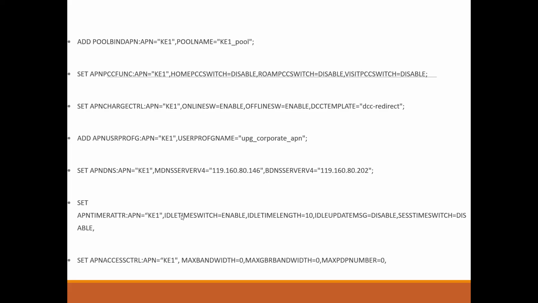Your APN address. Then, if you need to enable the idle time switch, it will be enabled. You need to specify the time. Then you need to specify the idle update message. As you can see in the detailed documentation, before disabling the user session, you have an option that the GGSN can send an update message to the SGSN to check whether its session is still created over there.